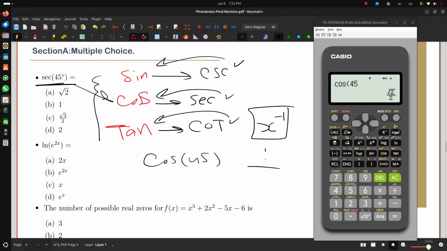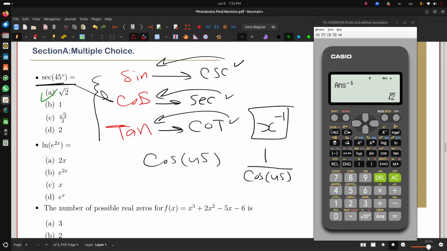It's like writing 1 over cosine 45, and this is your answer. You can just press this button and then press equal. You will find the answer root 2. It's that easy, but you need to remember the reciprocals. Secant is the reciprocal of cosine.